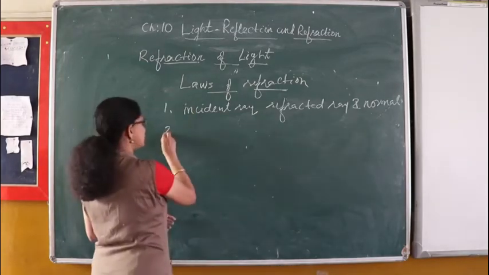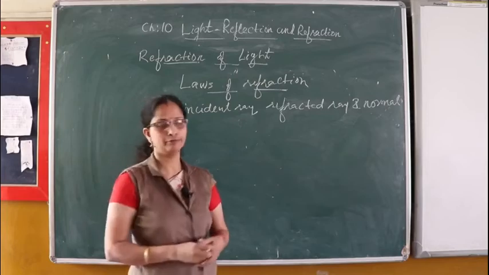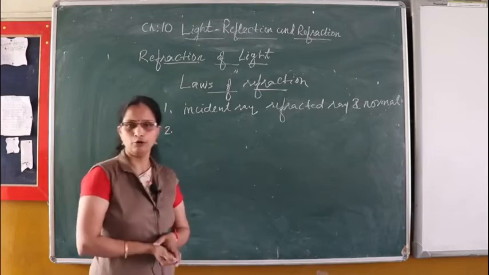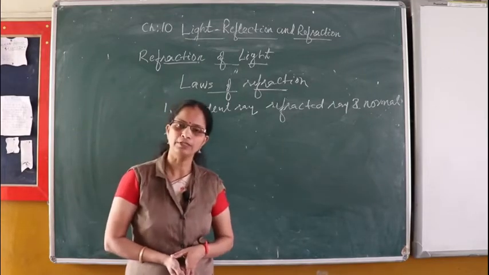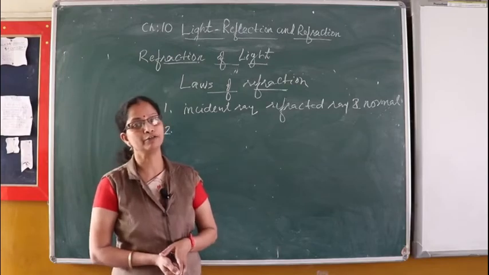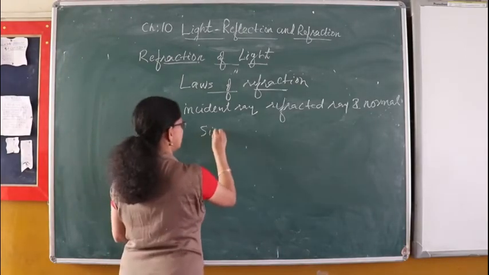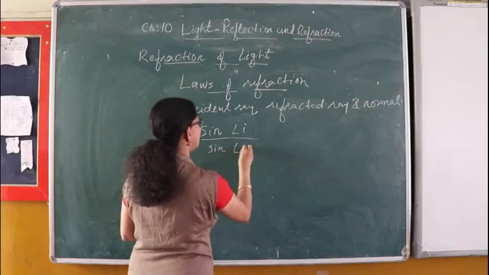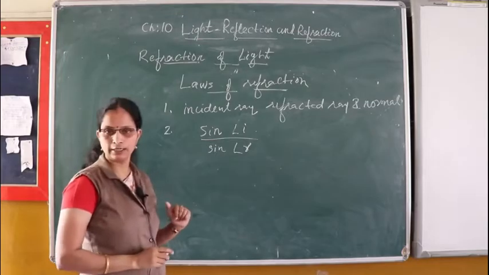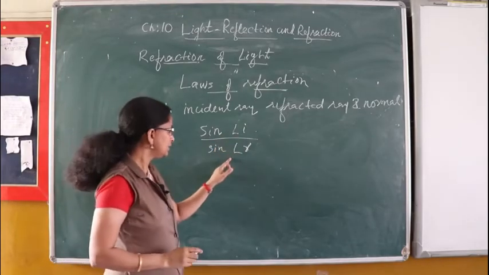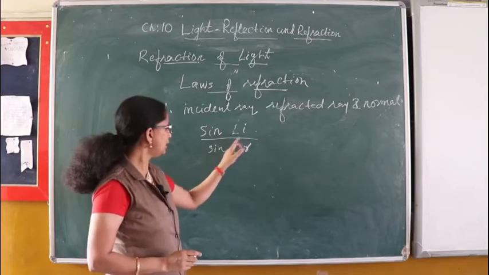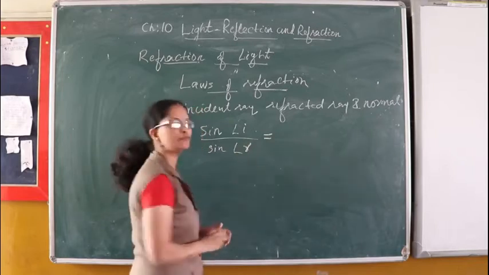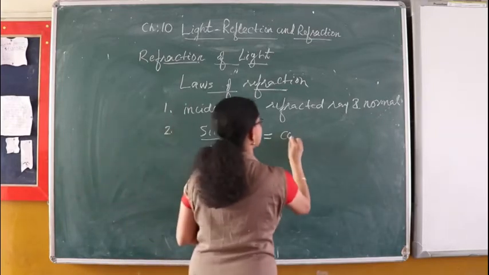The next law says that for a given pair of media and a given particular color, the ratio of the sine of the angle of incidence to the sine of the angle of refraction, that is sine angle I to sine angle R, is a constant.